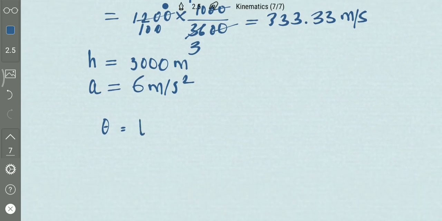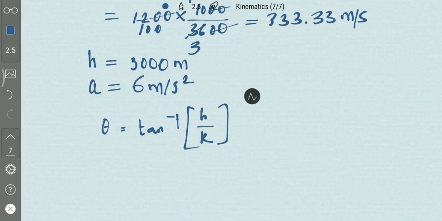So tan inverse of the opposite side, which is the height, divided by the adjacent side, which is the range.